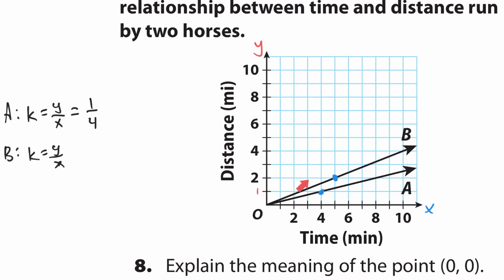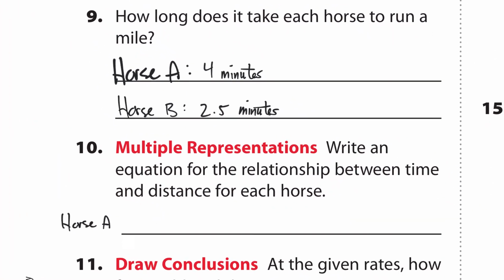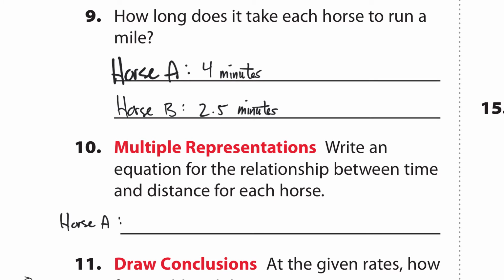The y value is 2 and the x value is 5. So this is what we're going to use in our equations, 1/4 and 2/5. For A, y is equal to 1/4 times x, and horse B is y is equal to 2/5 times x. And that's what we got.